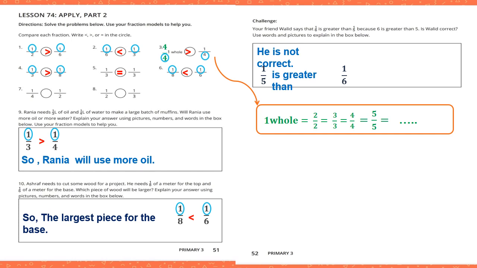We said before if the numerator is 1 or is the same, so the smaller denominator is bigger. So 1/5 is bigger than 1/6. And also we said if you have a pizza divided between 5 persons and the same pizza divided among 6 persons, so the group of 5 will take larger piece.